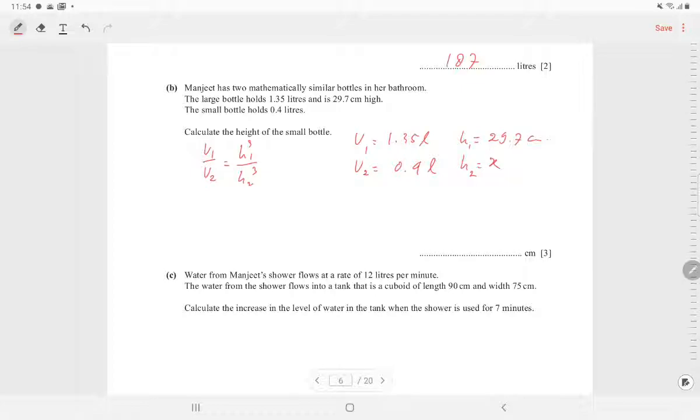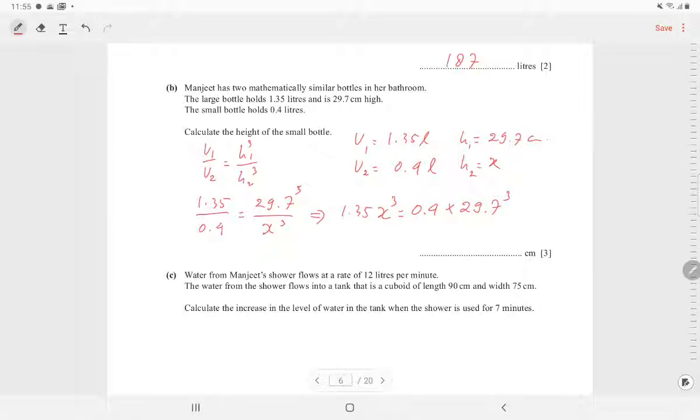So we have V1, 1.35 over 0.4, equal to 29.7 over x, cubed. Okay, cross multiply. So then we have 1.35 x cubed equal to 0.4 times 29.7 cubed.